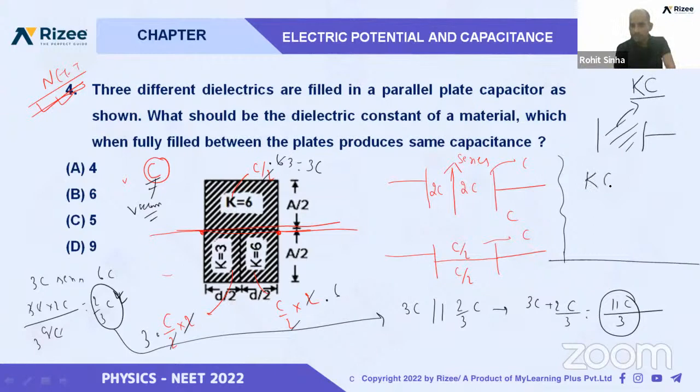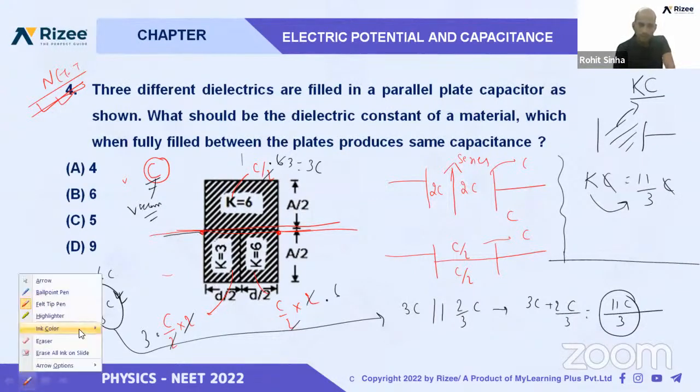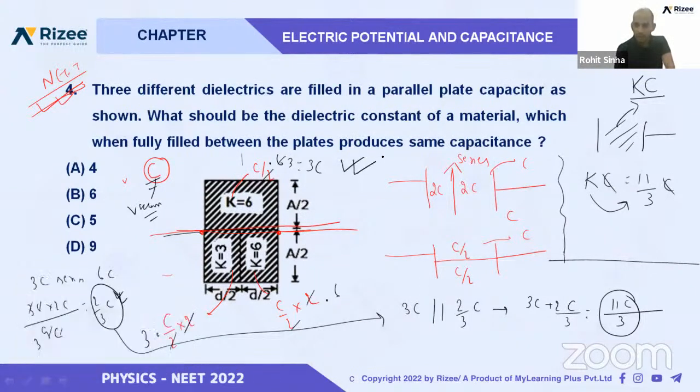We will equate KC equal to 11 by 3C, and we can calculate the value of K. But I think some calculation mistake is done. Or the terminal can be on this side also; the question is not mentioning that, but the step is this one. This is the best step to attempt this type of question. It is very fast and you can solve it very nicely.